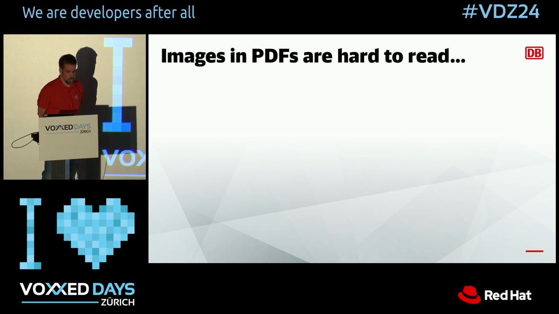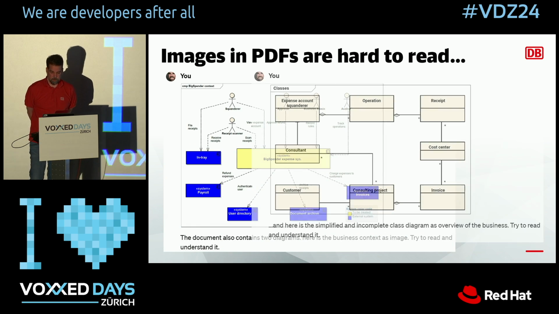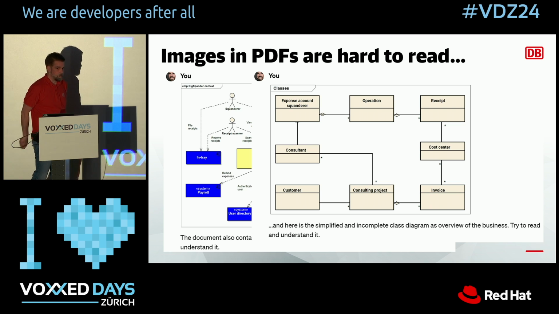In this document, there are two images, a business context and a business class model. I already had some experience and knew that it will not extract those images, so I took those images and also uploaded them.